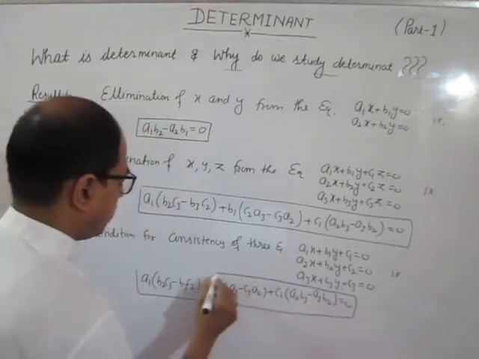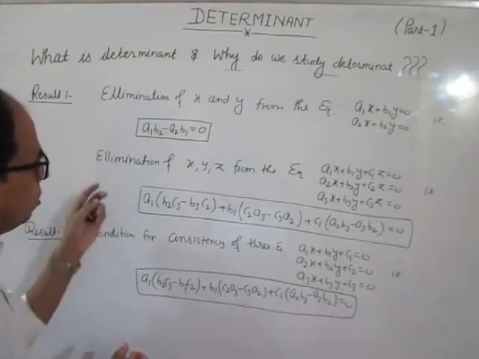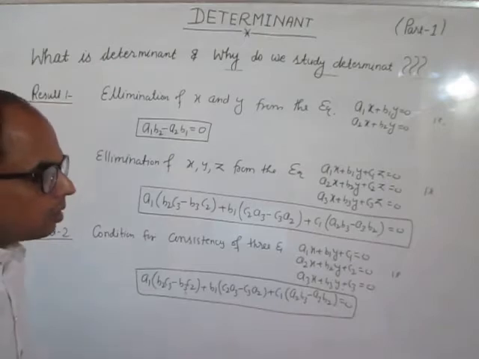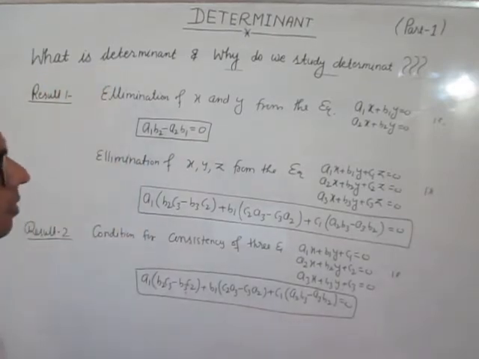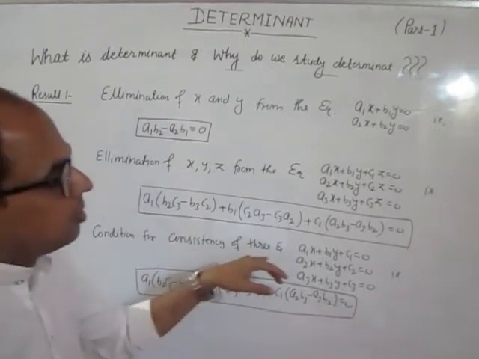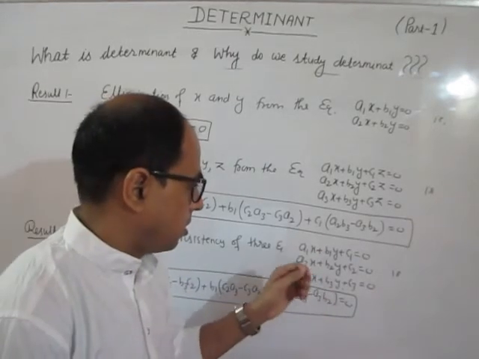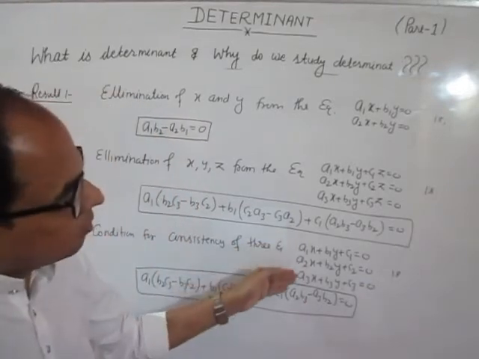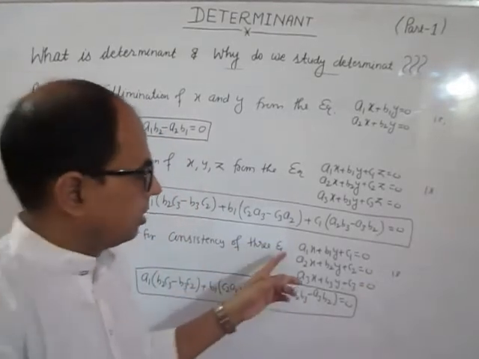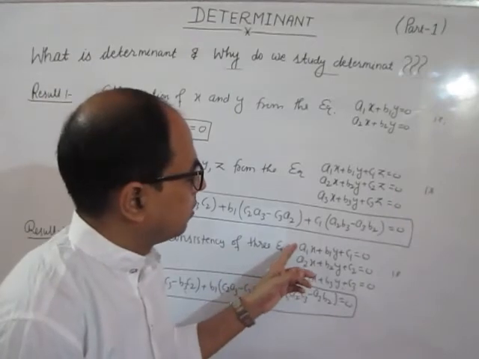Because no space is there, I am writing these two results only, and we will try to get the answer what is determinant. Consistency means what? That the same value of x and y will satisfy all these three equations, because this is three equation in two variables.